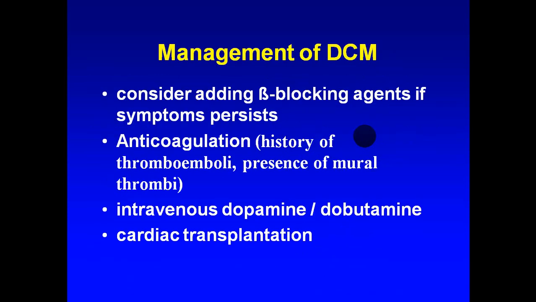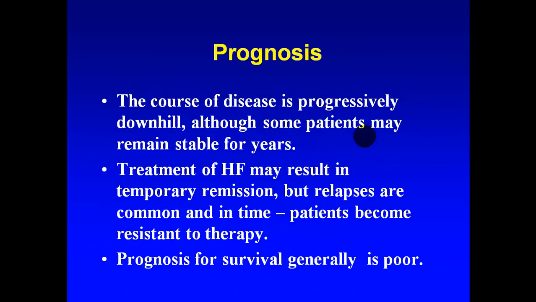So consider adding a beta blocking agent if symptoms persist, after starting ACE inhibitors and ARBs, and anticoagulation if there is a history of thromboembolism or presence of mural thrombus, and intravenous dopamine or dobutamine, these are positive inotropes, or cardiac transplantation.